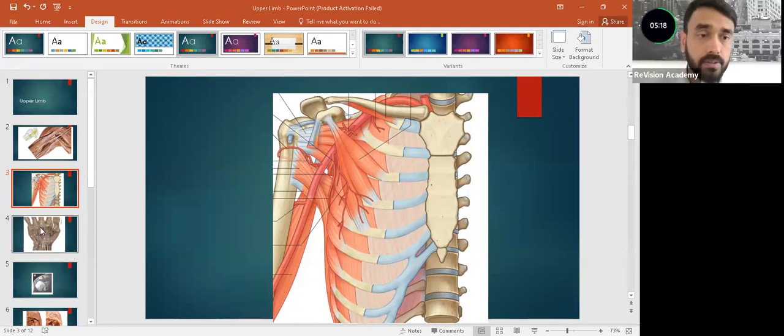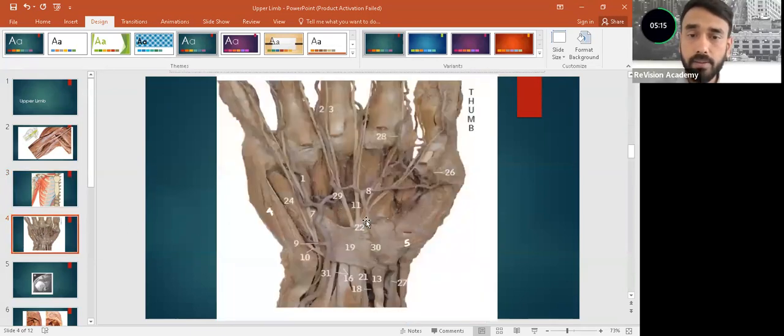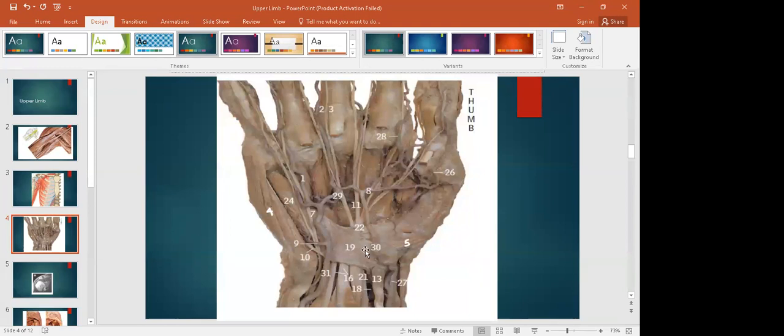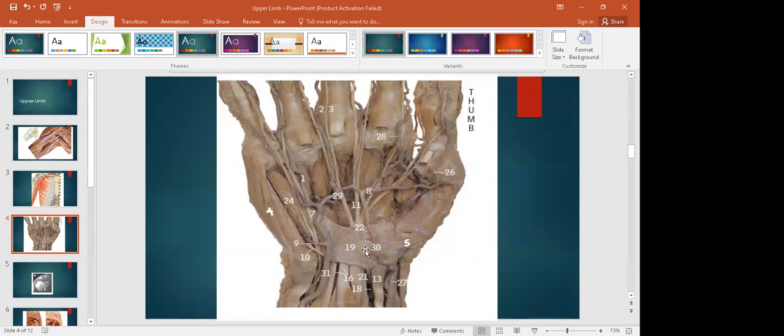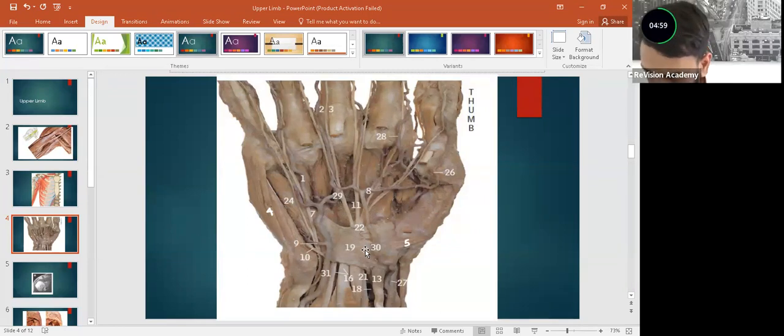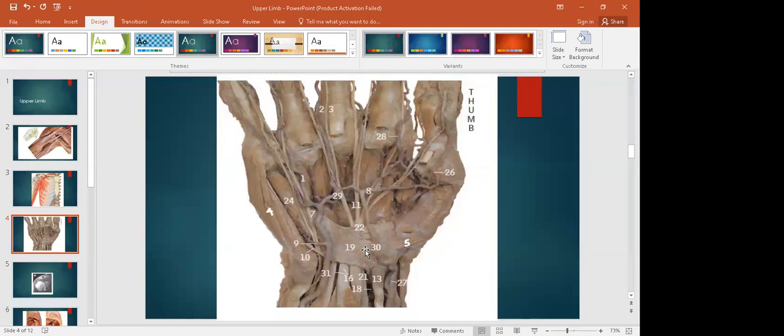Thank you so much. So, can you see the picture? Yes. Can you please identify number 29? Number 29 is superficial palmar arch. Okay. Can you please tell me number 30? Number 30 is the superficial palmar branch of the radial artery.